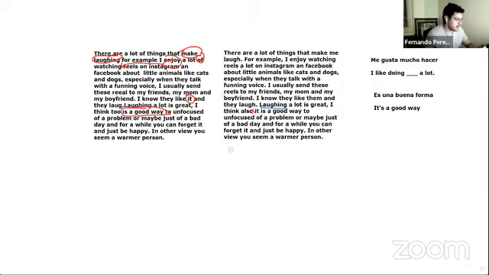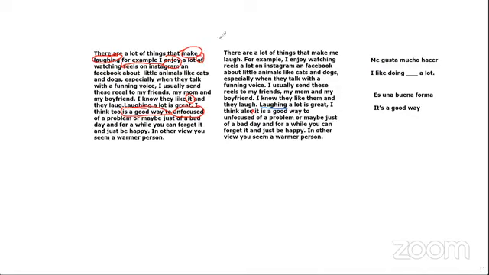It is a good way to unfocused of a problem. Okay. Unfocused of a problem. Why don't you use the word forget? I don't know. I was thinking in focus, and you don't pay attention. A problem.